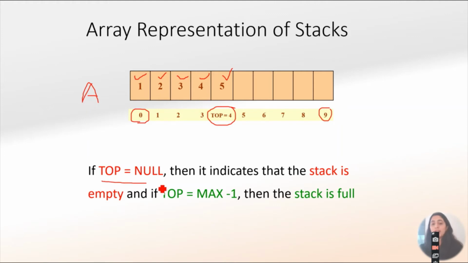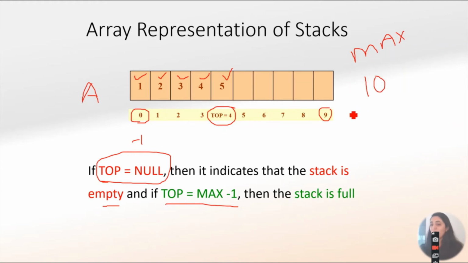Whenever the top is null, or say top is equal to -1, I can say my stack is empty. But when your stack is full and all the values are filled, what is your top value? At that time your top is equal to max minus 1. As I said, this array is of size 10, so my max value is 10.